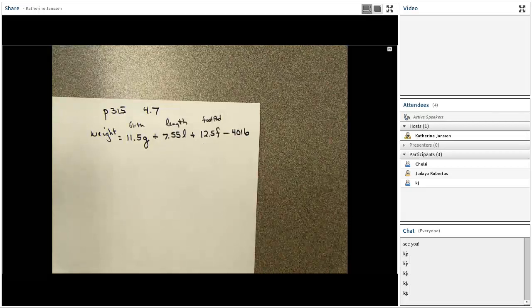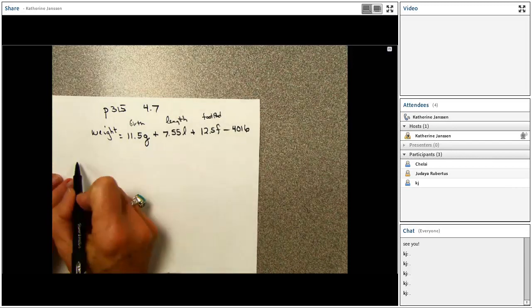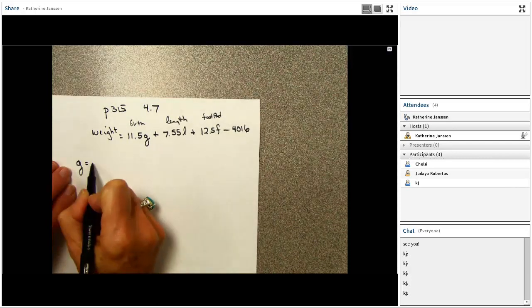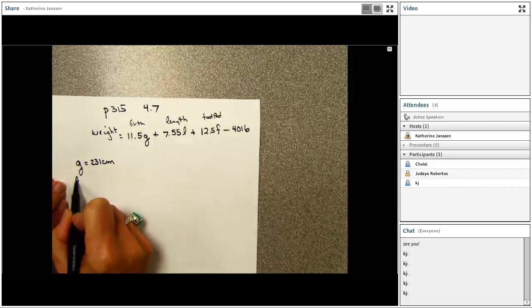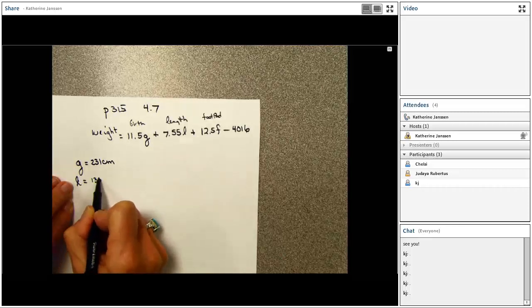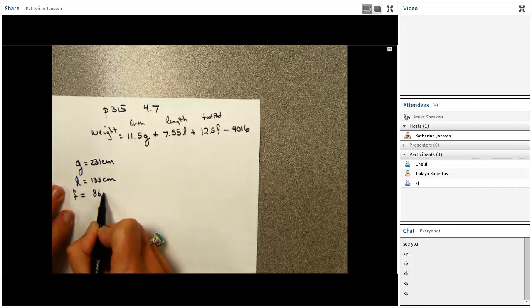So now we send our representative out to the field, and they collect the data for our elephant. And our particular elephant's girth is 231 centimeters. The length is 135 centimeters. And the footpad is 86 centimeters.